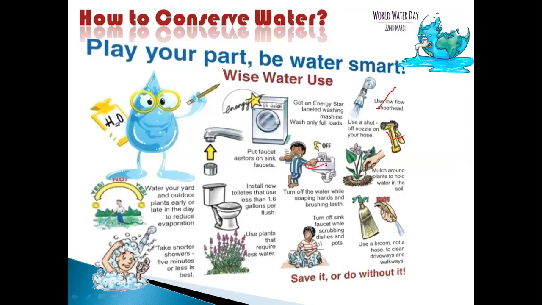While brushing, washing, dishing, and bathing, you have to use just a proper amount of water, and don't allow the water to run continuously. Just turn it off while you brush or wash. Instead of a hose, you can use a broom for cleaning driveways and walkways.